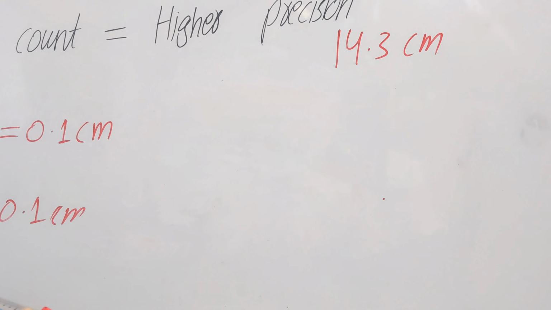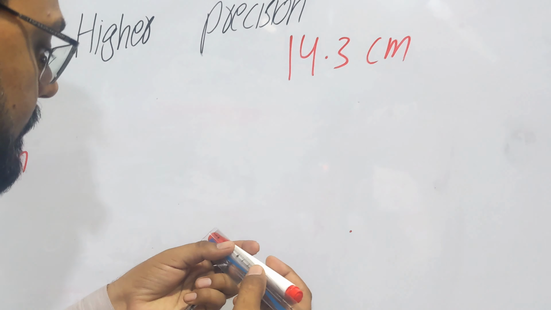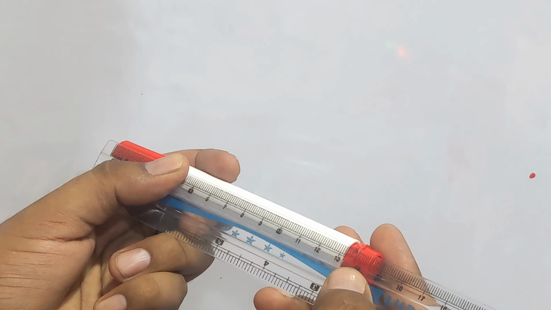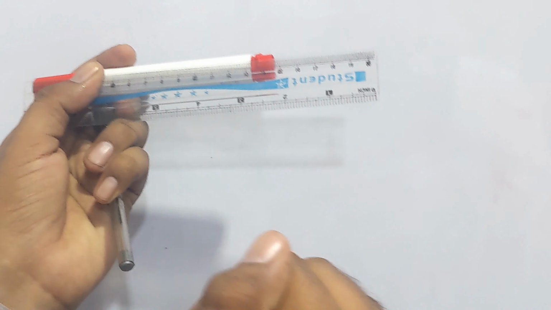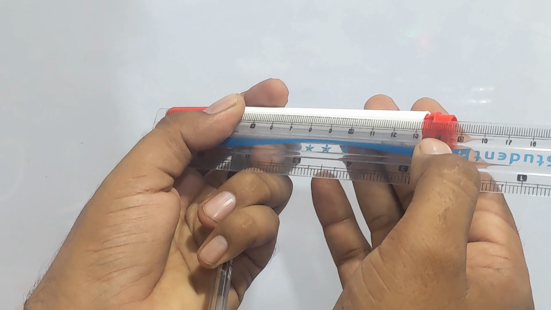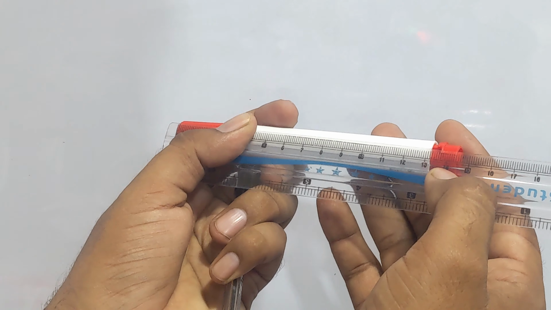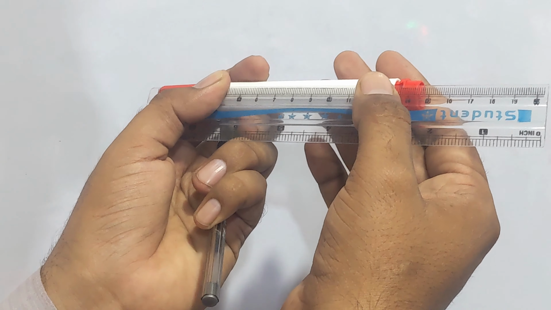Now, what is the uncertainty? Look here. The length might be slightly more than 14.3 or slightly less than 14.3. Slightly more maybe 14.4, or slightly less maybe 14.2.